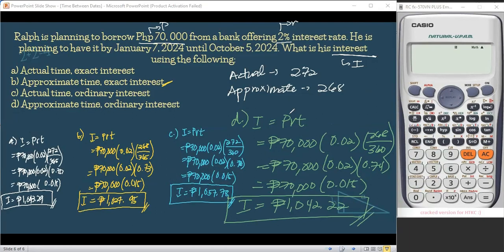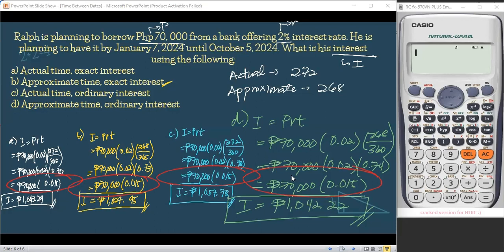Now, my dear students, why is it not advisable for us to round off in the process of solving simple and compound interest? This is because I want to call your attention to this line here that we have solved along the process. Di ba po, pare-parehas na 70,000 times 0.015.